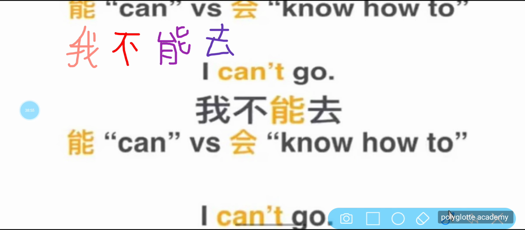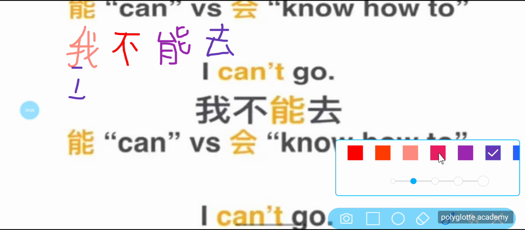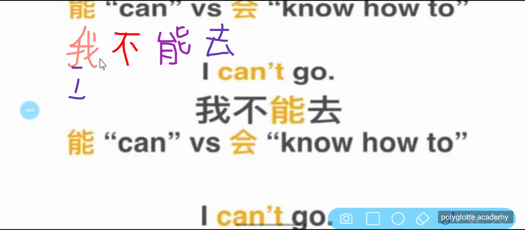If we want to translate now the whole sentence, it will be 我, which is I, and then we have pu, which is not, and the person don't. The character pu, I still repeat it for those who are still new to the channel.